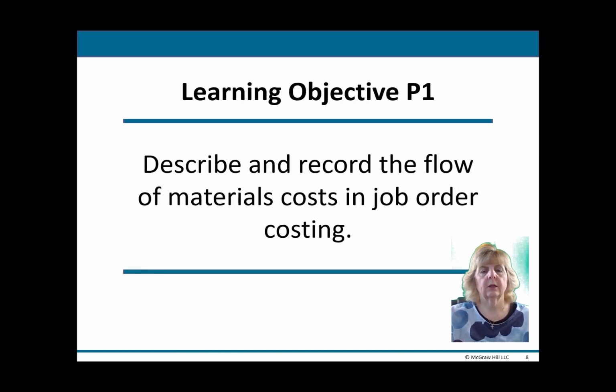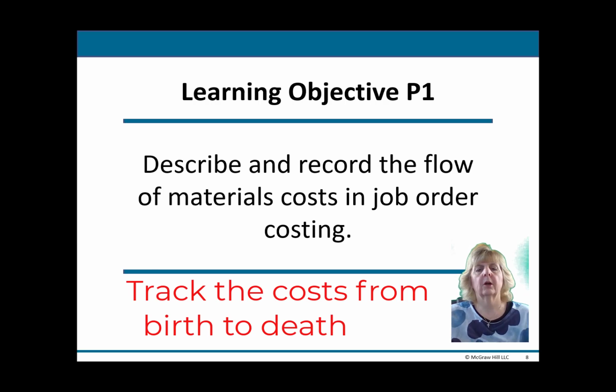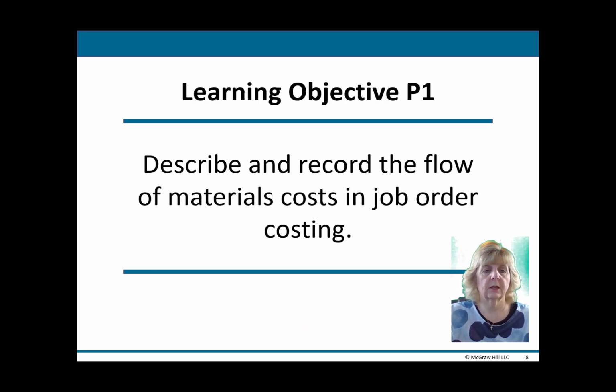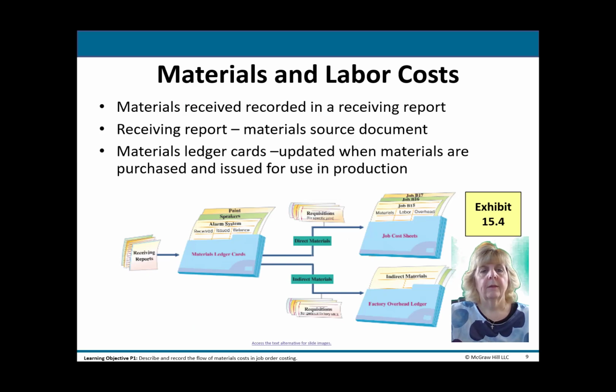And we're going to take a look and record the flow of costs in the job order costing system from birth until death. The materials costs come in the form of materials requisitions for the items coming in. And then we'll take a look at how the materials are used up in the production process.